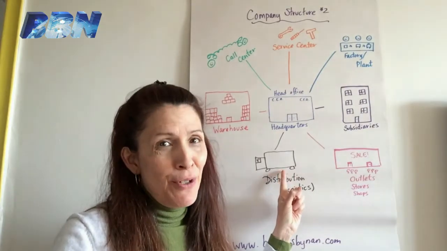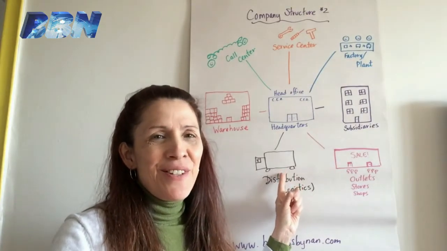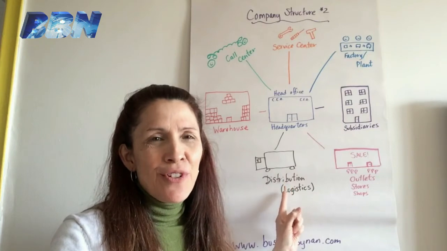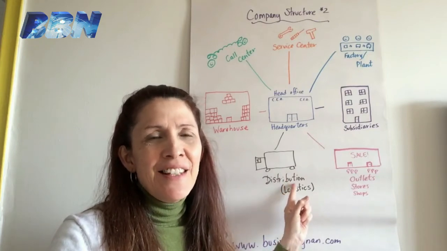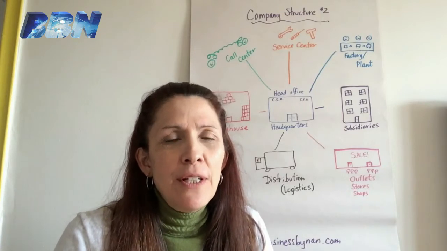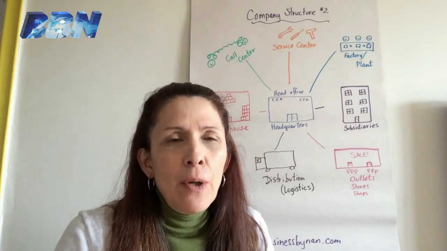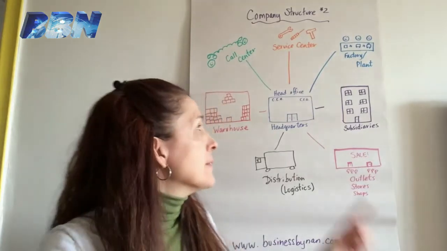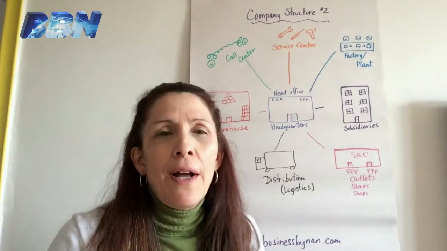Here I attempted to draw a truck. So this is distribution. Of course, the department is logistics, and this is when we distribute the product and bring it to the outlets from this other place, which is called the warehouse.